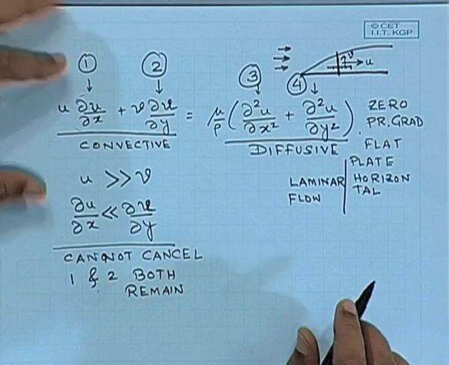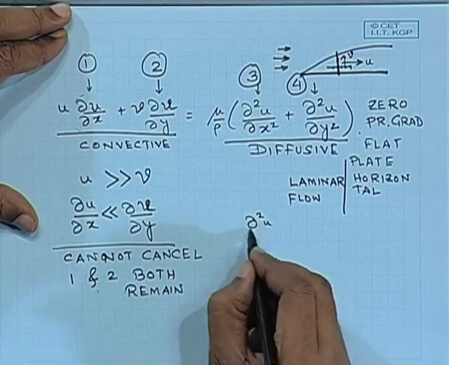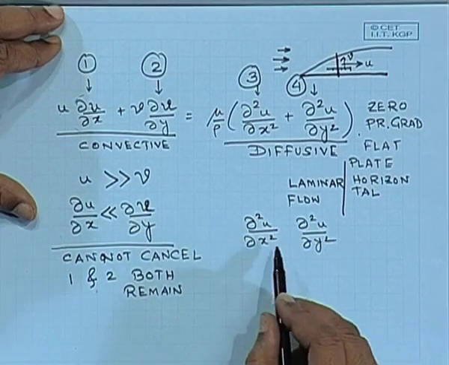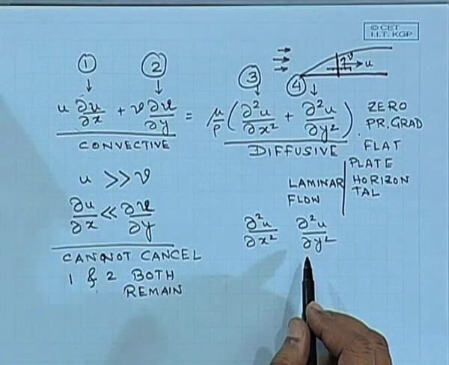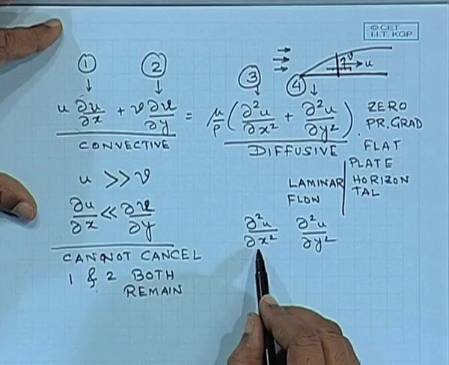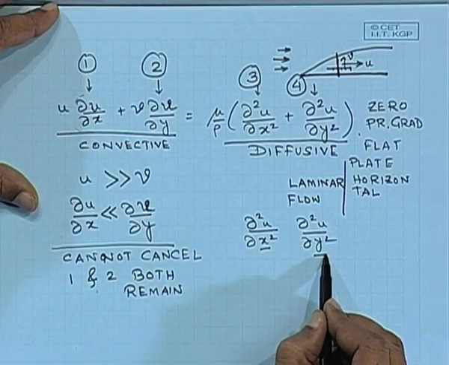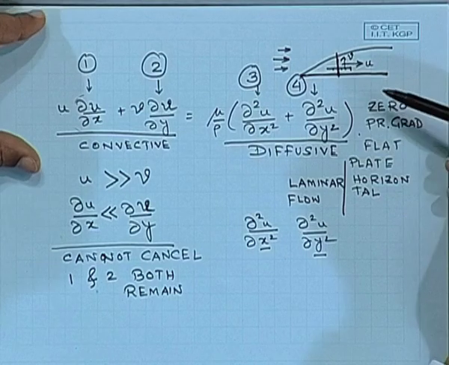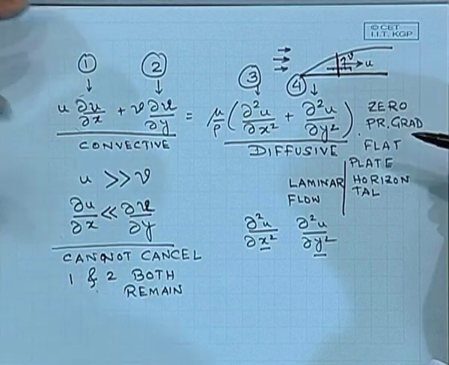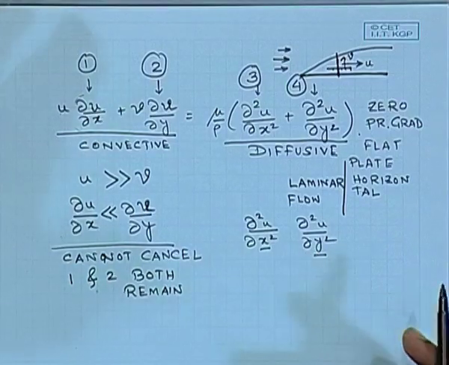Is that clear? Now, let us think of del square u del x square and del square u del y square. These two terms signify the viscous or molecular transport of momentum in the x direction and in the y direction. Now, viscous transport is going to depend on velocity gradient. The more the velocity gradient, the more would be the transport of momentum due to molecular motion, with proportionality constant being viscosity. So, which one is going to be the higher one?